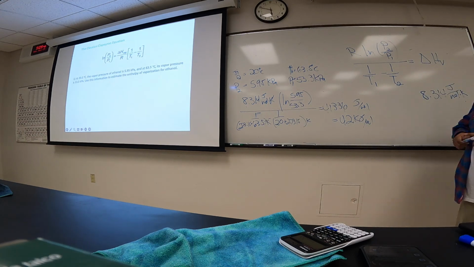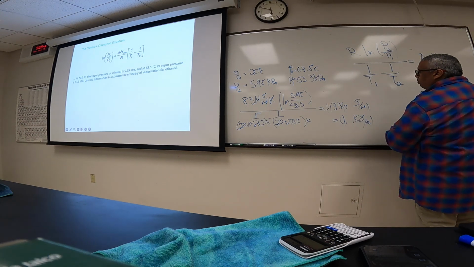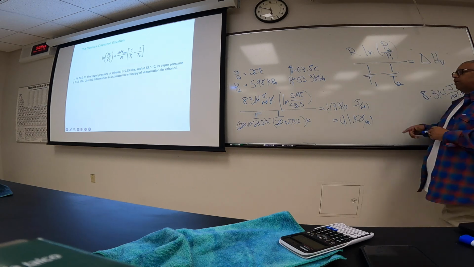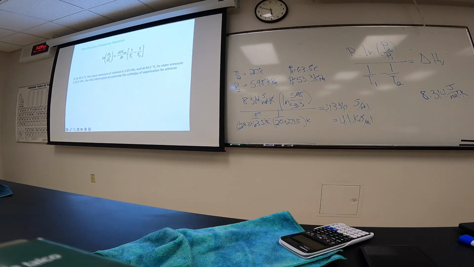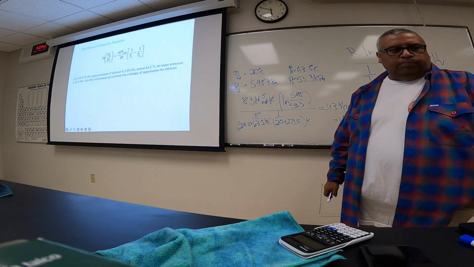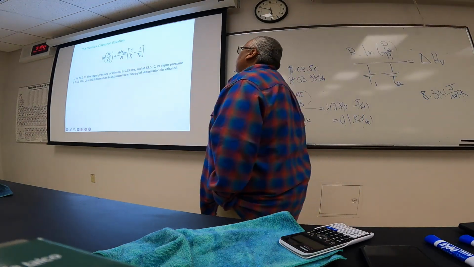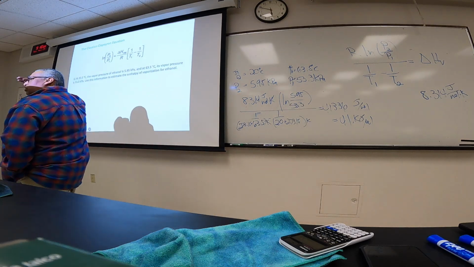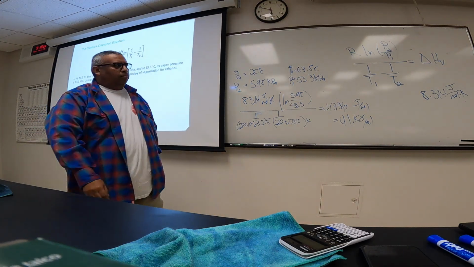So, 41 kilojoules per mole. Same answer, right? 41,000 joules per mole, or 41 kilojoules per mole. But again, this is how we use this equation here.